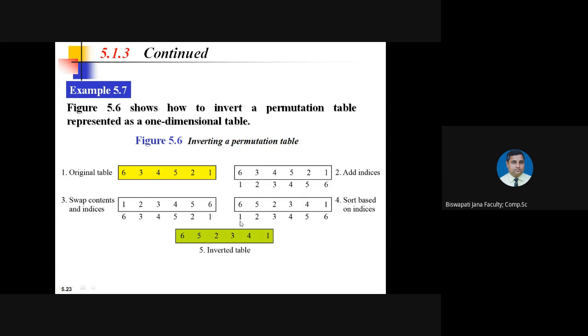Then using these indexes, we can sort the data, and after sorting we can exchange the data, meaning 1, 2, 3, 4, 5, 6 come to the outside. Then the outside is the inverted table. So this is the technique by which we can get the inversion. I think in a simple way we can get the inversion by this technique.